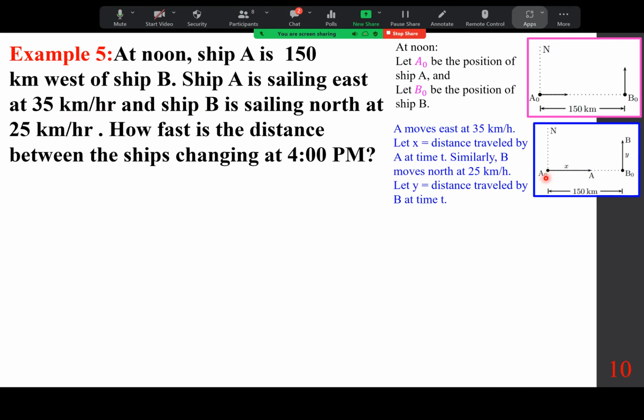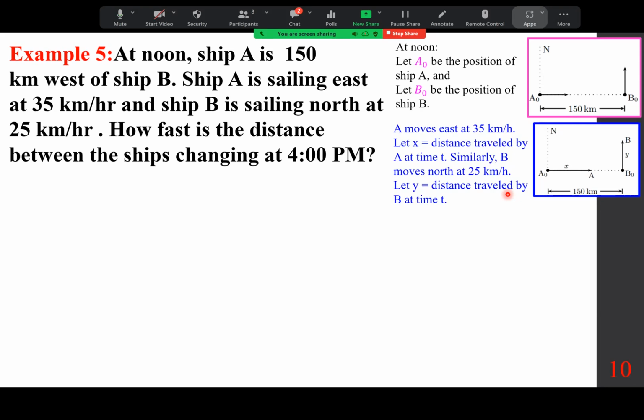So here's the initial location. That's the A ship, it's moving, and that's the B ship, it's moving up. A moves east at 35 kilometers per hour, and we let X be the distance that it has moved. B moves north at 25 kilometers per hour, and we let Y represent the distance at any time t.